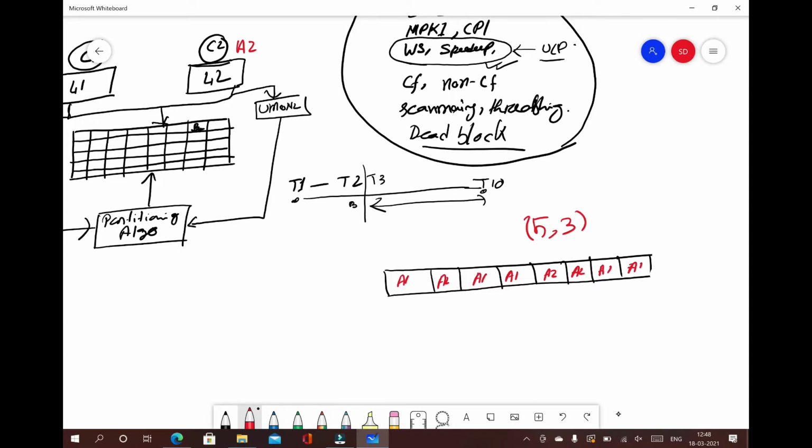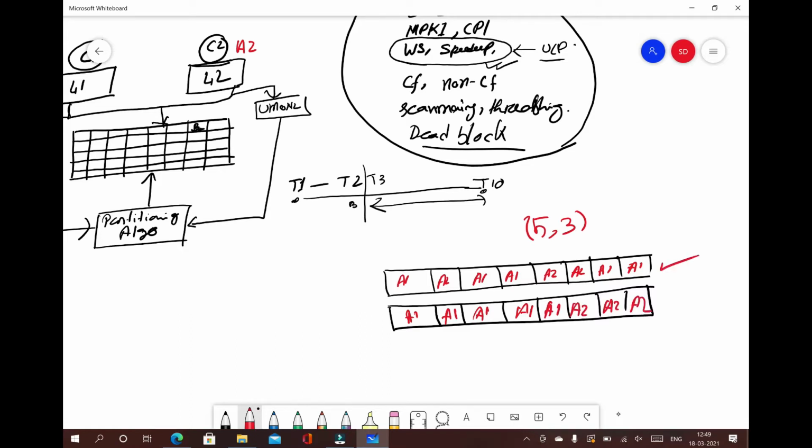But for simplicity I will not use this type of diagram. I will use a different diagram here, just for better understanding. Here I will put all the a1 on one side and all the a2 on one side: a1, a1, a1, a1, a1, and then a2, a2, a2.